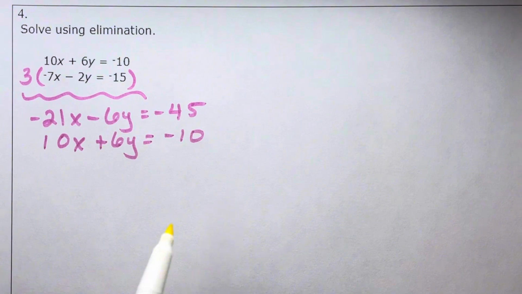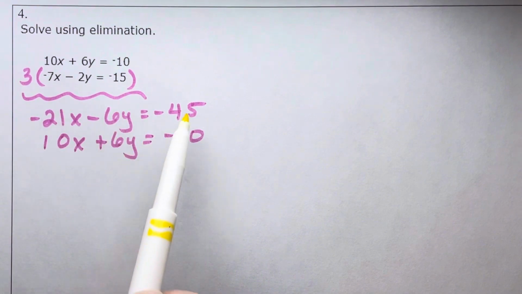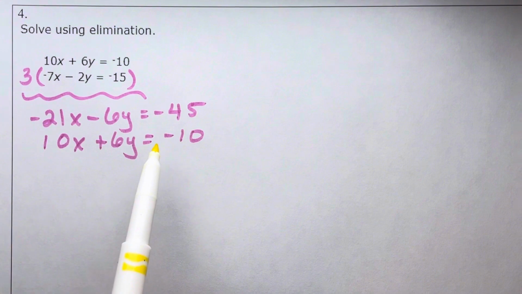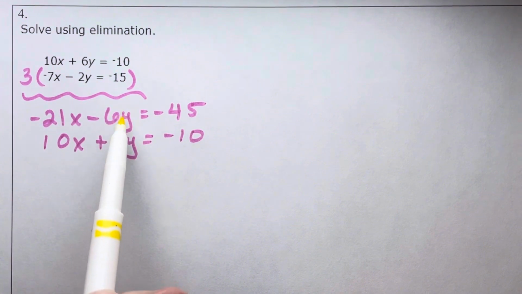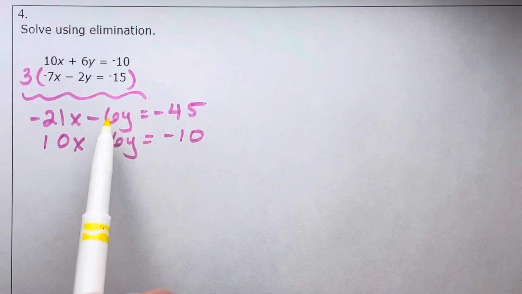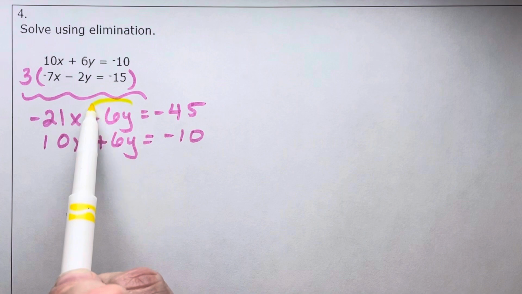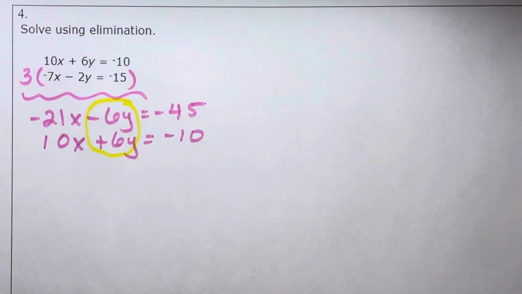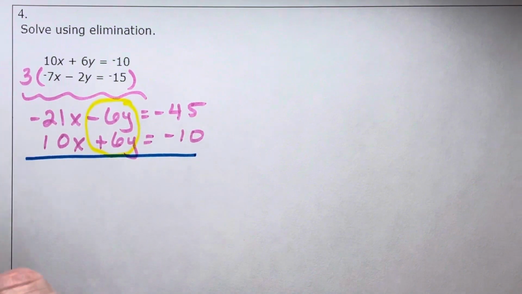So now we're in the same ax plus by equals c order, and our y values have the same coefficient, while one of them is positive and the other is negative, which is exactly what we wanted. We did this on purpose so that when we add straight down, the y's are going to cancel out. And now we can solve for x.